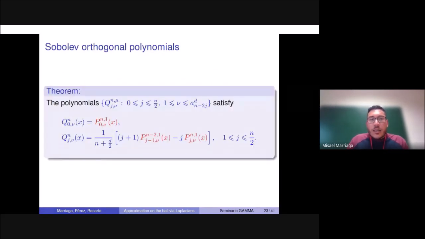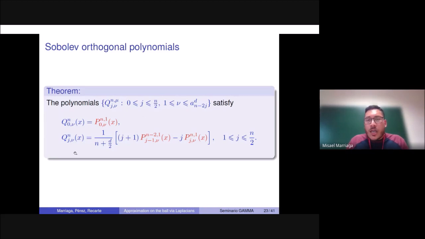Okay. Another property that we found is that there's another relation between the Sobolev basis and the classical basis, except that in this case, the parameter, the fixed parameter, is 1. Okay. So when j equals 0, when this parameter over here is equal to 0, then the Sobolev and the classical basis coincide. Okay.